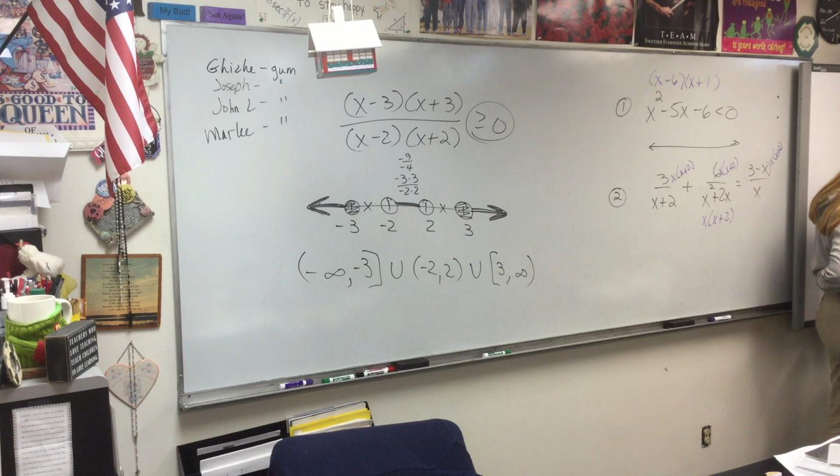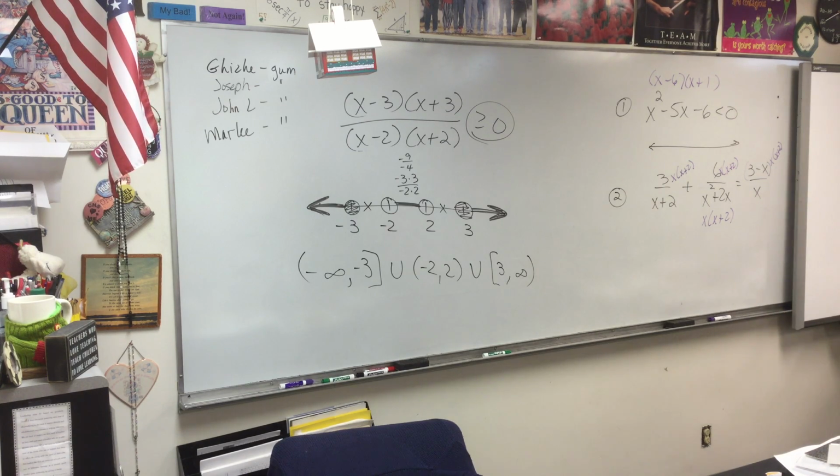Then do you factor that out? Did you get 3x plus 6 minus x squared minus 2x? And then did you turn that into negative x squared minus 1x plus 6? You have to take time to check that because it's wrong. And you need to factor that. Yeah, that's what I was gonna say.